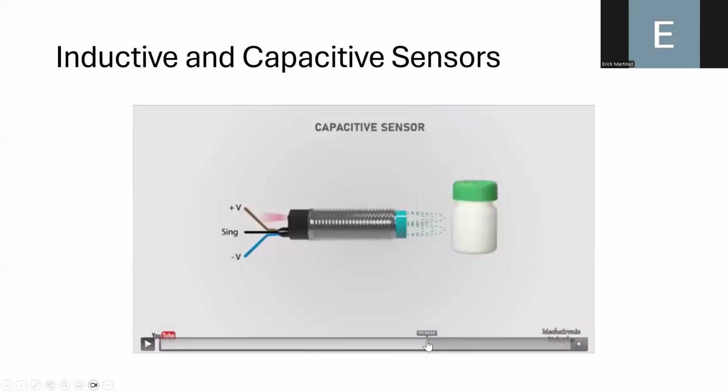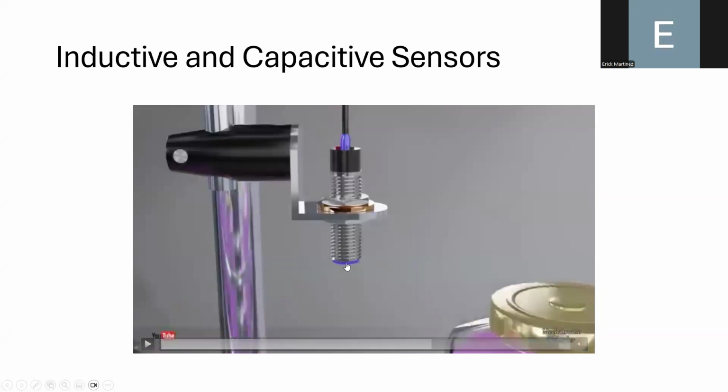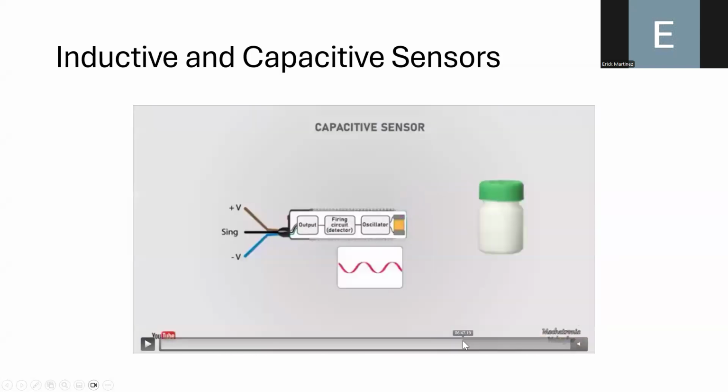Here they are showing in greater detail how the inductive sensor is working. In particular, it is detecting the cover of this container that is right here. That is a metallic cover for the container. So they are using these sensors to detect the presence of these objects in the container.